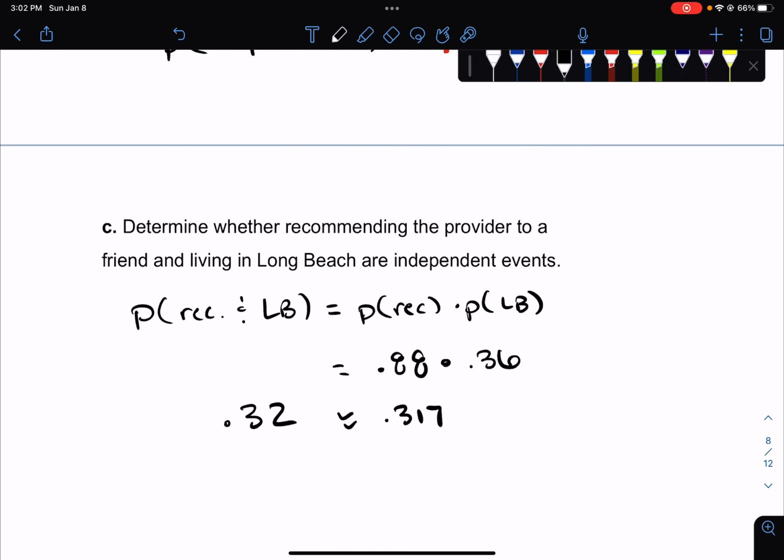And here's where you would have to make an opinion. 0.32 is really, really close to 0.317. So in my opinion, I would say yes, these are independent. It doesn't matter where someone lives. That's not going to affect if they do or do not recommend their TV provider. One of those does not affect the other, because those numbers are really close, they're basically the same thing.